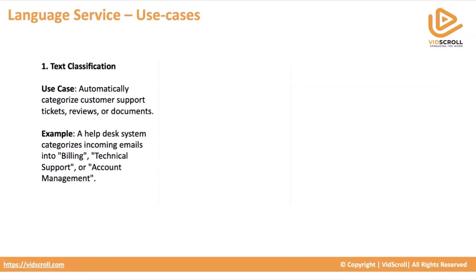So you can read those emails and categorize them, whether it is a support ticket, a review, or a document, and then send it to a designated department. Support tickets go to the support team, reviews go to the review team, documents go to the billing team. Like a help desk system that categorizes incoming emails into billing, technical support, or account management.